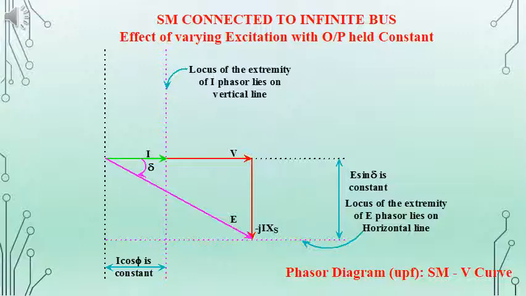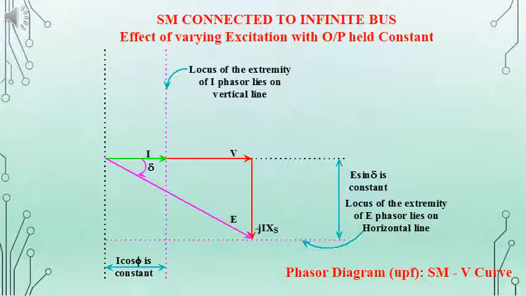We will analyze the case for UPF, lagging power factor and leading power factor. So in this case, here we have the UPF condition where the supply voltage V and the armature current I are in phase, and we have already considered the resistance to be negligible.